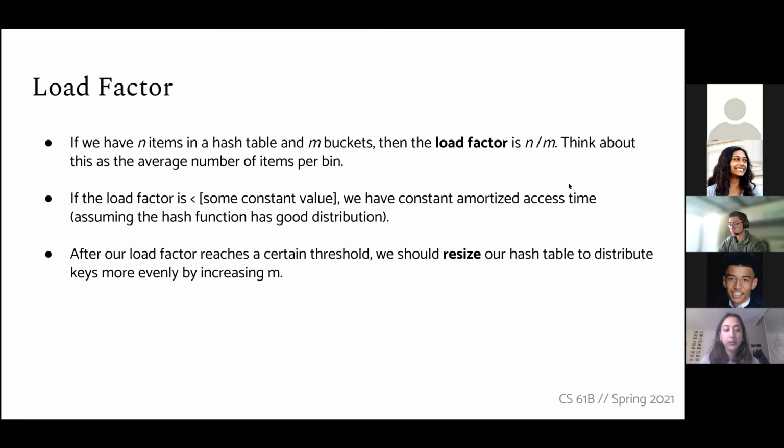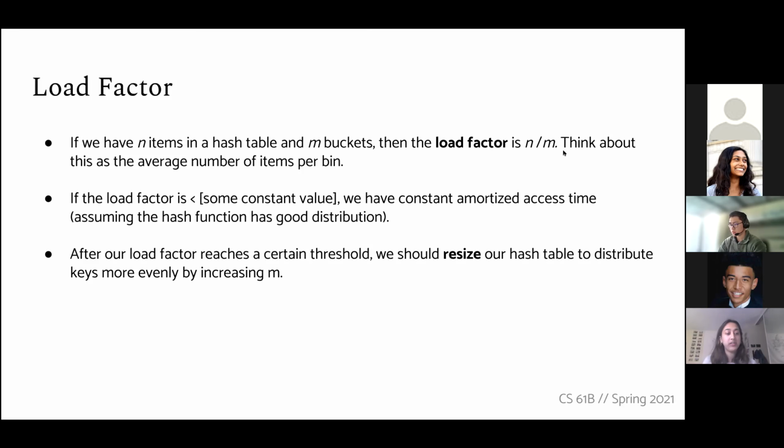And so after our load factor reaches a certain threshold, which is that constant value in the second bullet point, we should end up resizing our hash table to distribute keys more evenly. The way we do this is by increasing m, because you're dividing n over m. So if your value, let's say, is greater than 1, then if you increase the denominator, it's going to end up being less than 1 again. And so you're not going to have as many objects mapped to buckets.